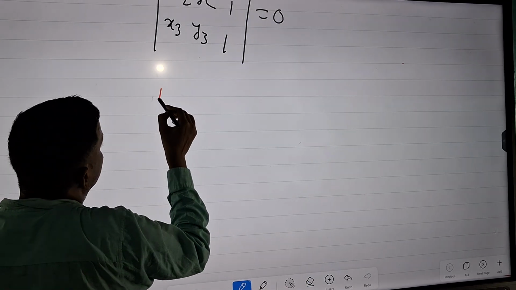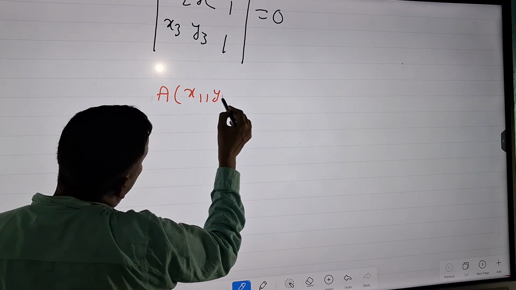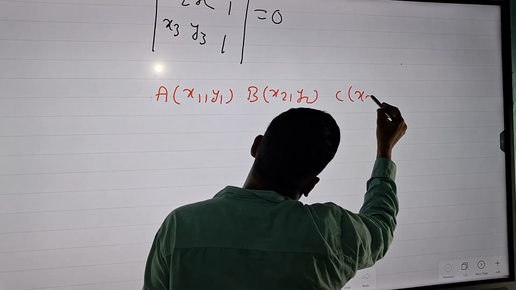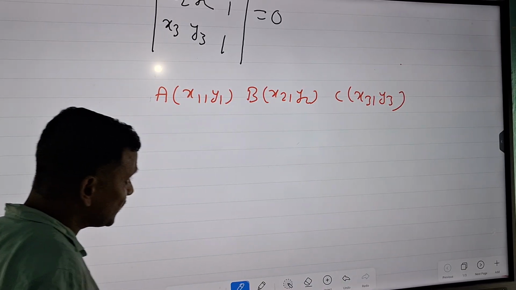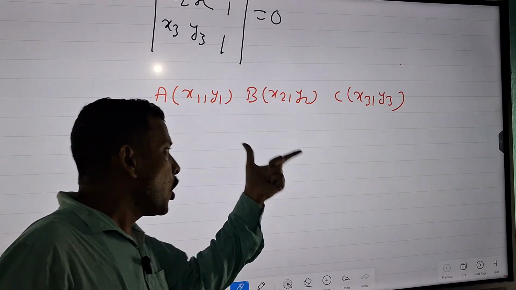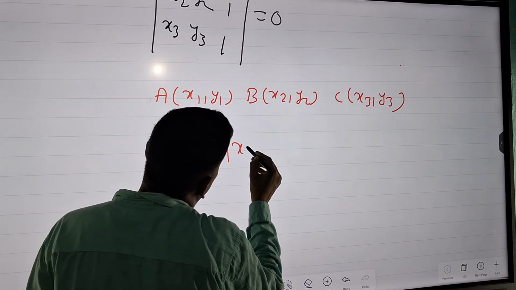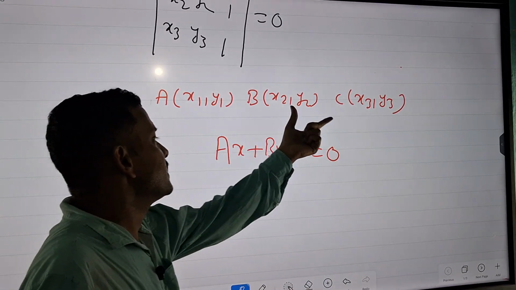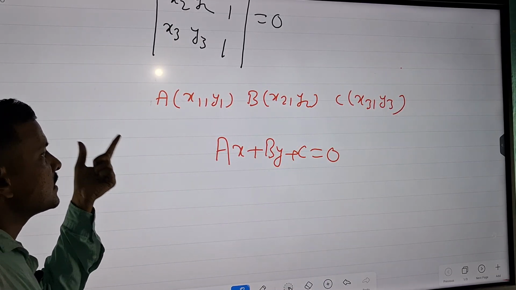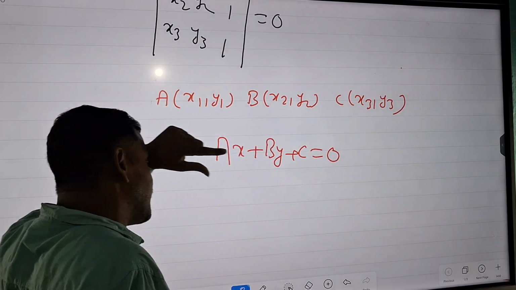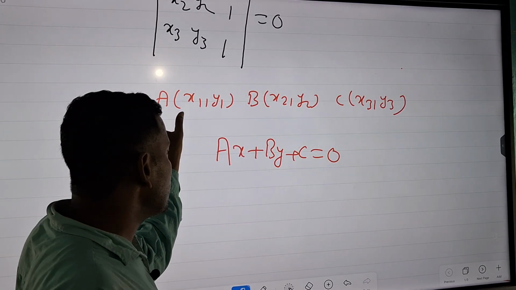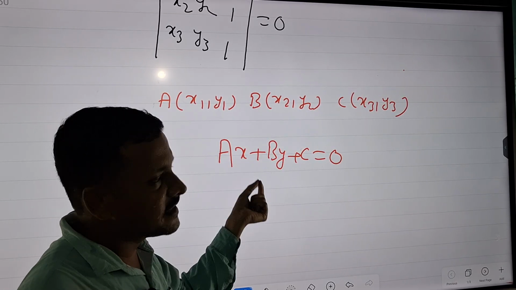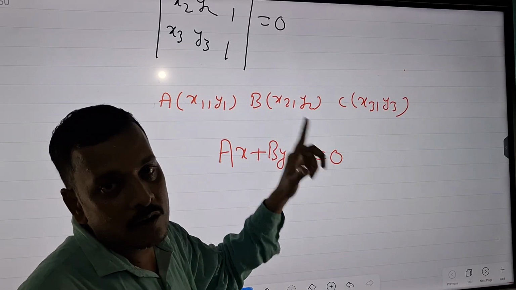If you have 3 points A x1 comma y1, B x2 comma y2, and C x3 comma y3, and these 3 points always satisfy one equation, that is ax plus by plus c equals to 0, that means these 3 points are collinear. Satisfied means you have to put the value of A in this equation and you will get 0. You have to put again B, again C, and you will get 0. Then these points will be collinear.